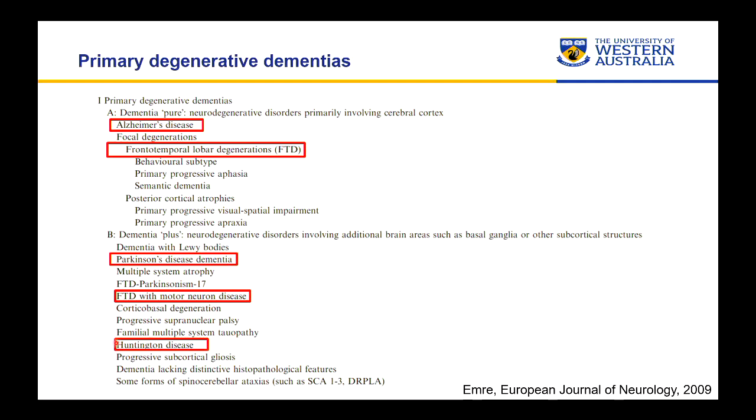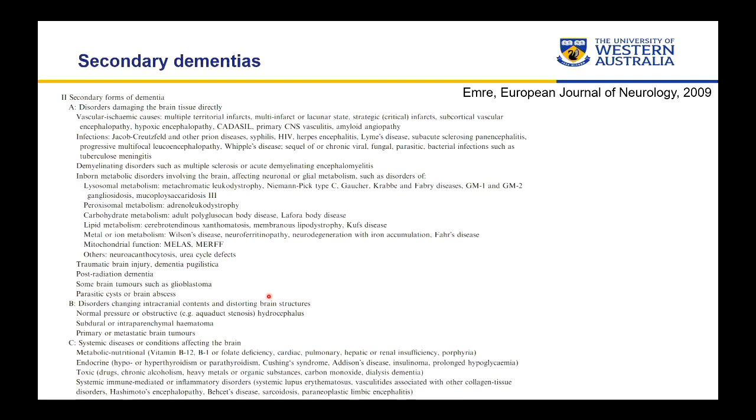A lot of these fall into not just damage to specific neurons in the memory system, but a lot of them are associated with other neurodegenerative disorders that target the motor system as well. So Parkinson's disease, Huntington's disease, motor neuron disease as well.